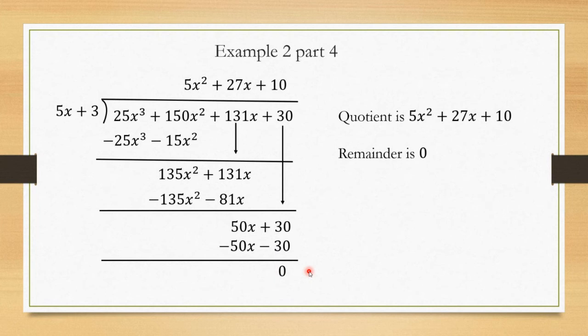So as you can see, we stop because now we have 0. Our quotient is up here. That's our quotient, and the remainder in this case is 0. So that's what we get here. Are there any questions about this?